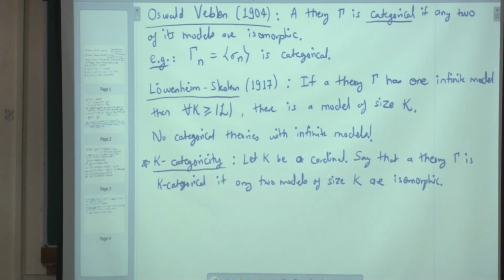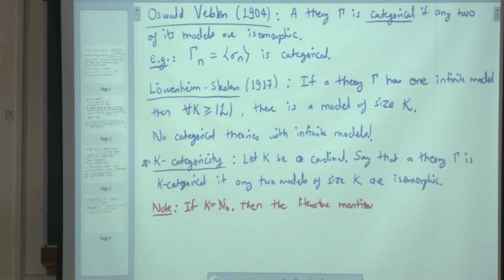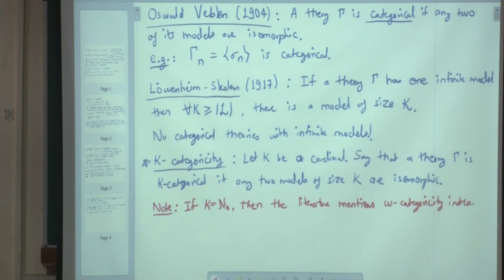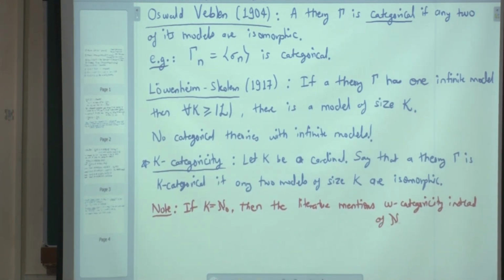Okay, so when kappa is aleph naught, this is just a note. If kappa is equal to aleph naught, then the literature mentions omega categoricity instead of aleph naught categoricity.